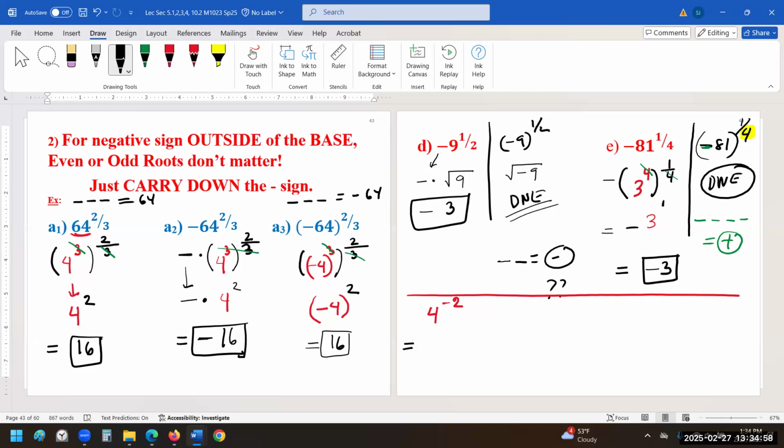Do you like negative power? No. So we can convert this into positive power. How? Close. You're converting the wrong one. This is not square root of 4. Square root has to be 1/2 power.